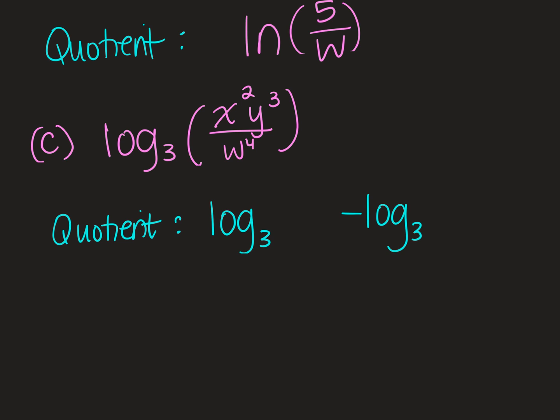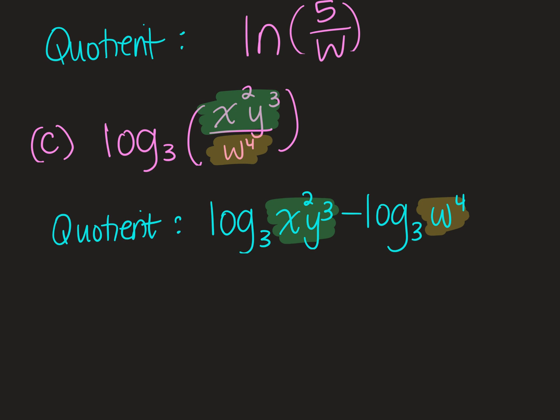So in the original expression, whatever's in the numerator is going to go with the first logarithm, and whatever's in the denominator will go with the second logarithm. So whatever's in the numerator, well, that is x squared y cubed. And then whatever's in the denominator is just w to the 4th. So I'm taking just the quotient out of the picture.